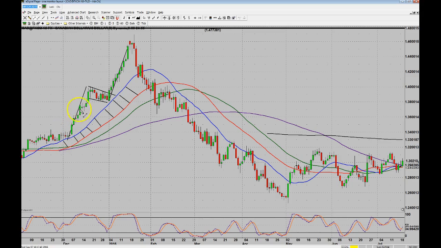You can call this the flagpole, and you can call this the flag, right? And then you can call this right here the upper portion of the move, right? You know, they have all these names for it. You guys have probably heard this before, okay? It's not really that important what we call it. It's just the concept and the understanding of what it looks like.